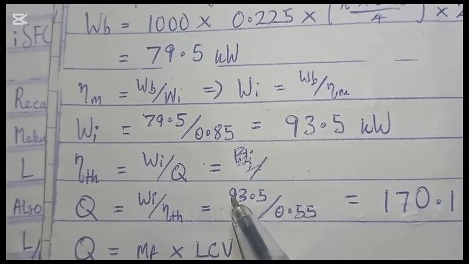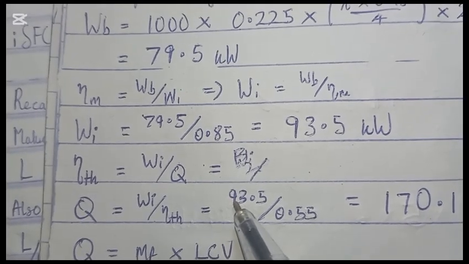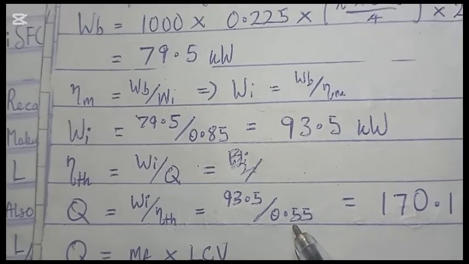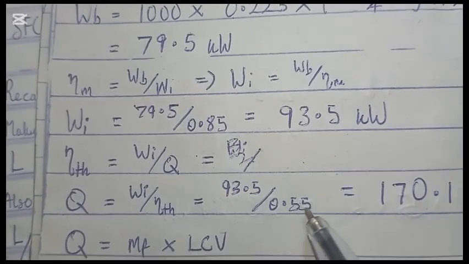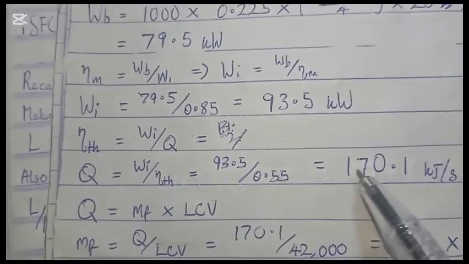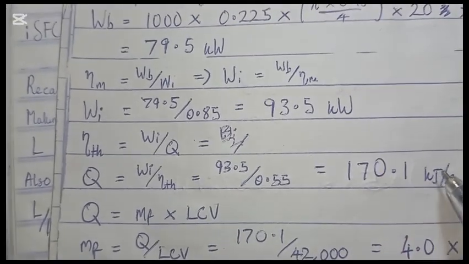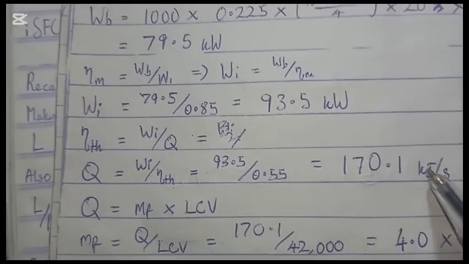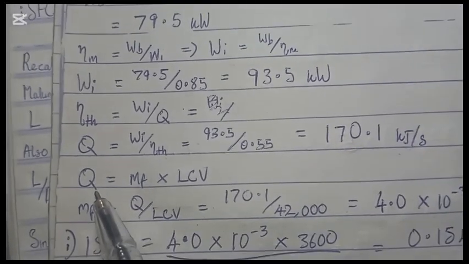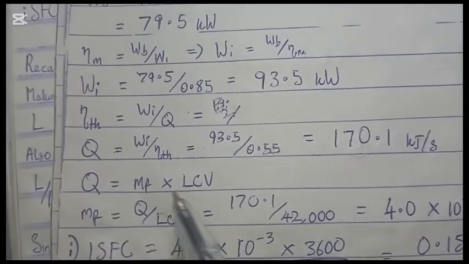So our Wi, which is the indicated power, over the thermal efficiency, which is 0.55, is equal to 170.1 kilojoules per second.